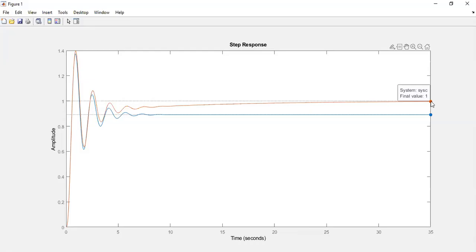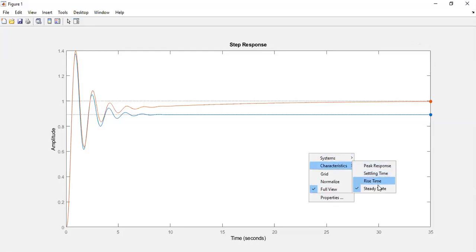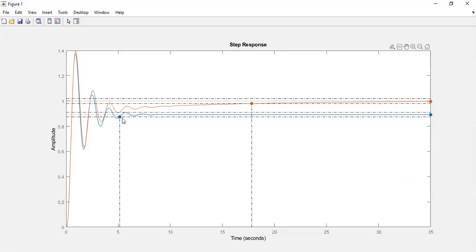Now you may be asking, but the compensated one is actually taking more time to get settled. Why is this happening? If you look at your settling time, the uncompensated one takes 5.15 seconds to get settled, and the compensated one takes 17.8.